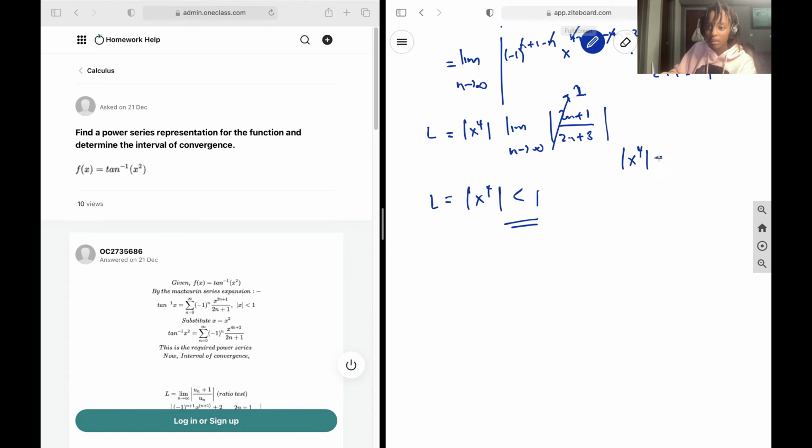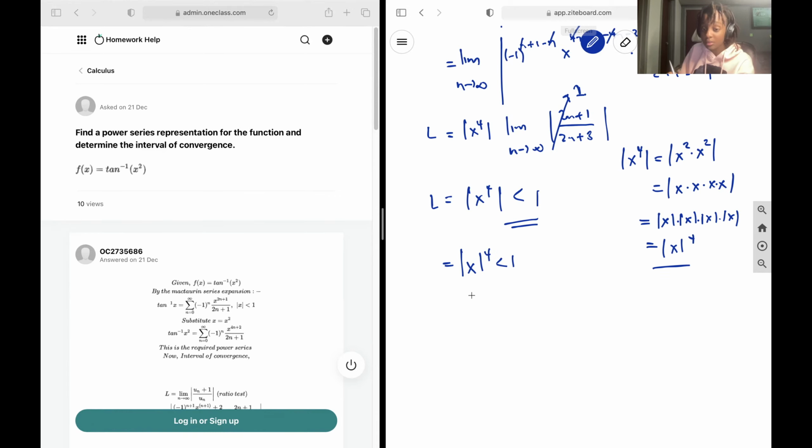And this is the same thing as, remember that x to the power 4 is equal to x squared by x squared. And then we can make them individual. So it's the same exact thing as x to the power 4. So this means that the magnitude of x to the power 4 is less than 1, which means that the magnitude of x must be less than 1.